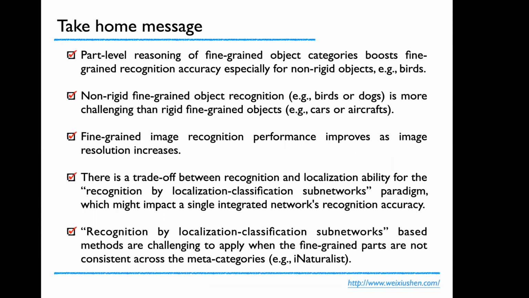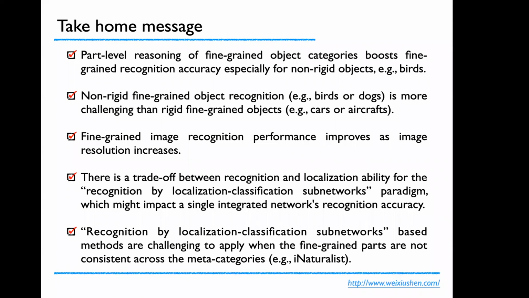Based on the observations in that table, we can summarize several conclusions about the localization classification subnetwork learning paradigms. The first one is that the part level reasoning of fine-grained object categories can boost fine-grained recognition accuracy, especially for non-rigid objects like birds.